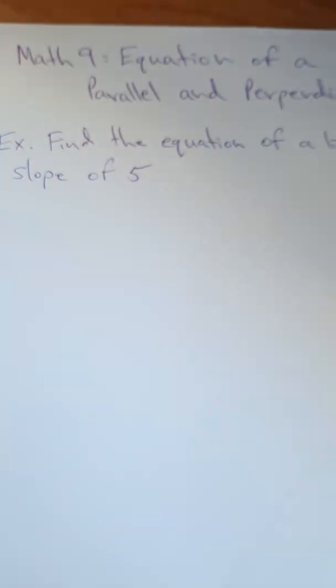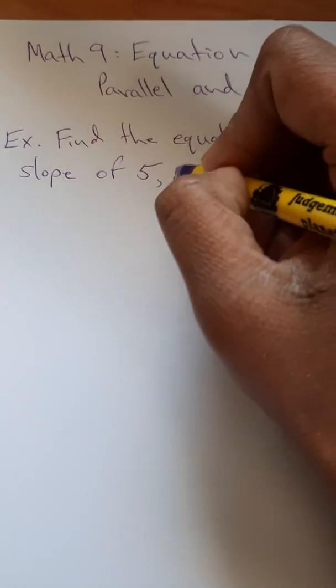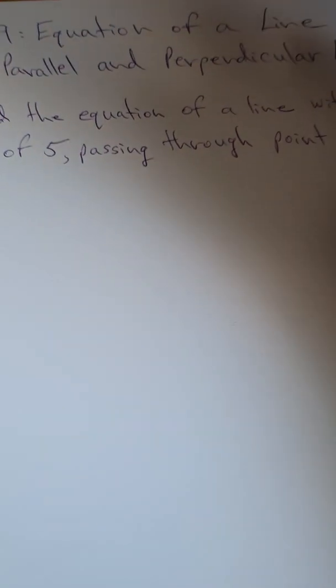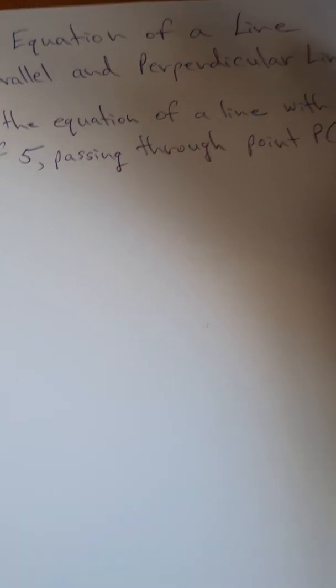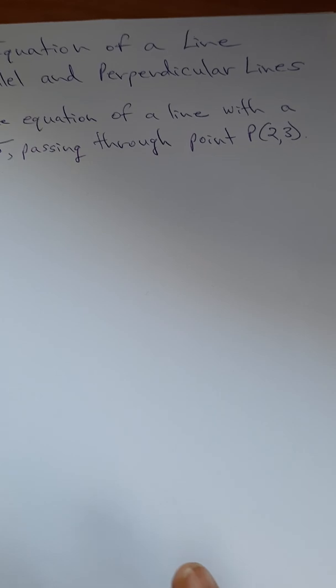I can see the m value is actually given to me already, and it is passing through a point. I'll give you the point here. Passing through, let's try point P, which is 2 and 3. This should be somewhat of a review.